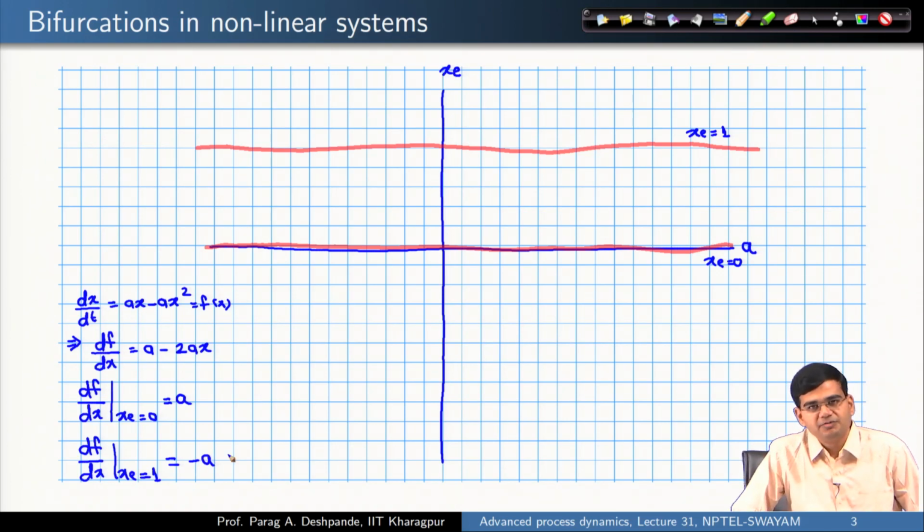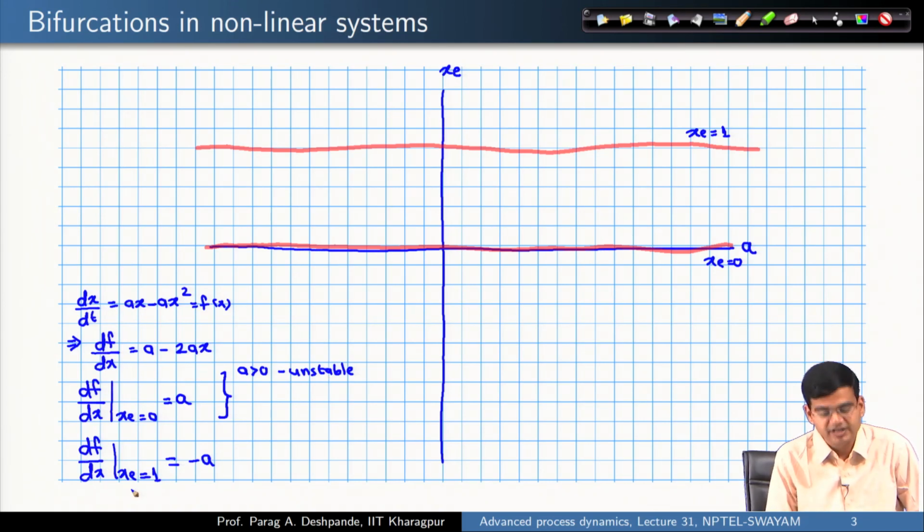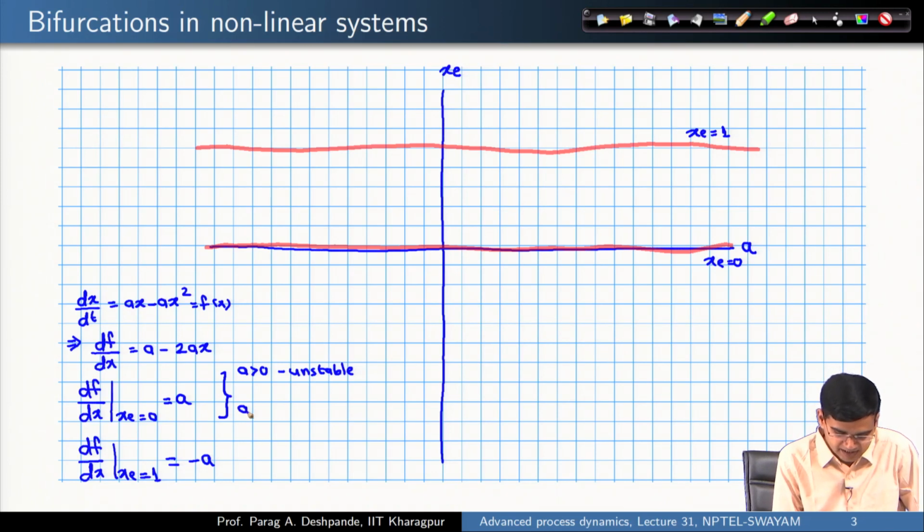Now I need to determine whether df by dx is greater than 0 or less than 0, and accordingly the system would be unstable or stable. For the first equilibrium solution x e is equal to 0, for a greater than 0 you will have the unstable part, because df by dx is a, and for a less than 0 you will have the stable part.